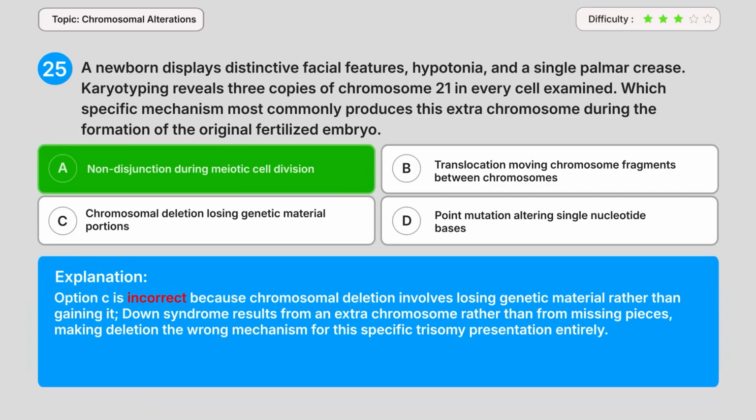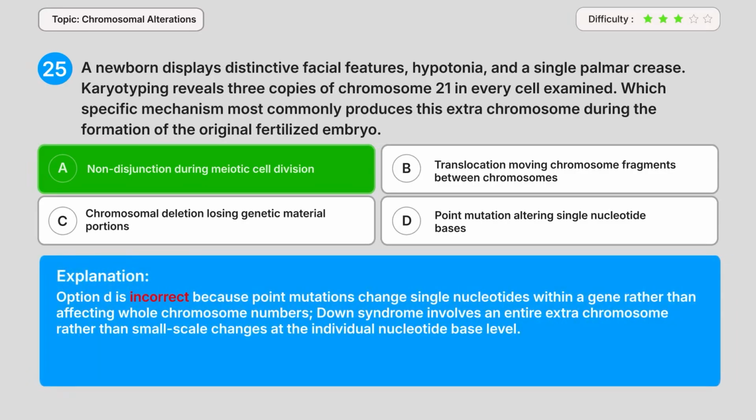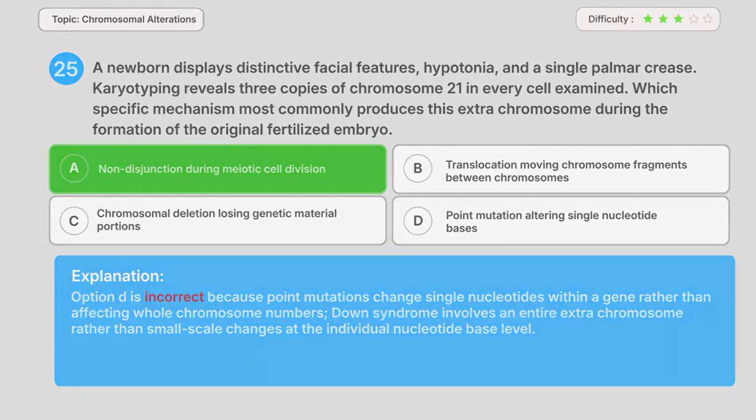Down syndrome results from an extra chromosome rather than from missing pieces, making deletion the wrong mechanism for this specific trisomy presentation entirely. Option D is incorrect, because point mutations change single nucleotides within a gene rather than affecting whole chromosome numbers. Down syndrome involves an entire extra chromosome rather than small-scale changes at the individual nucleotide base level.